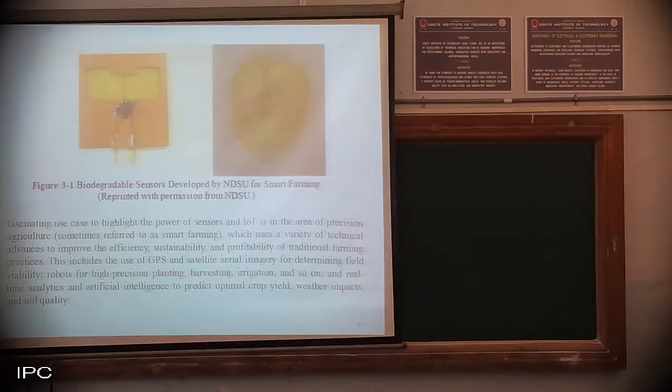This sensor is basically used for smart agriculture or smart farming, which uses a variety of technical advances to improve efficiency, sustainability, and profitability. The ultimate aim is to increase the efficiency, sustainability, and profitability of traditional farming practices.